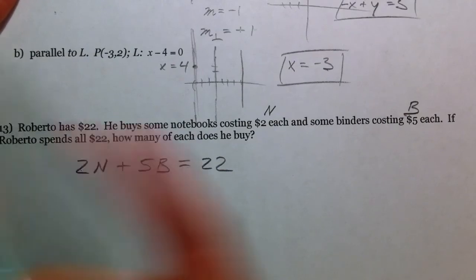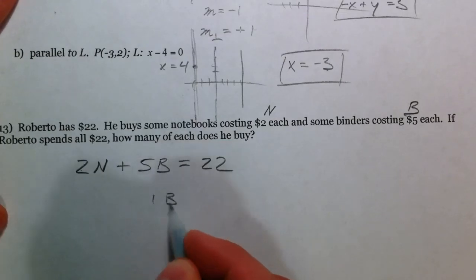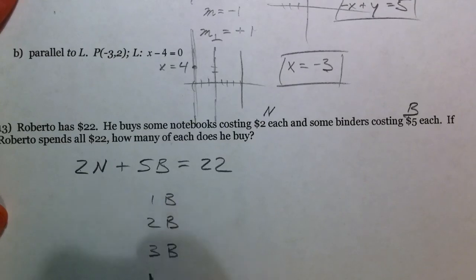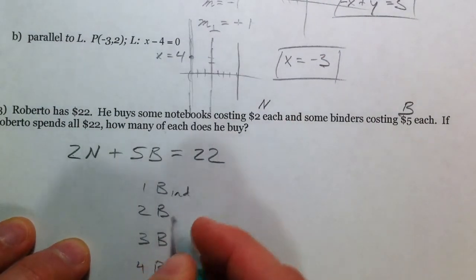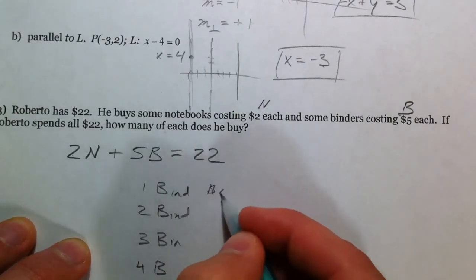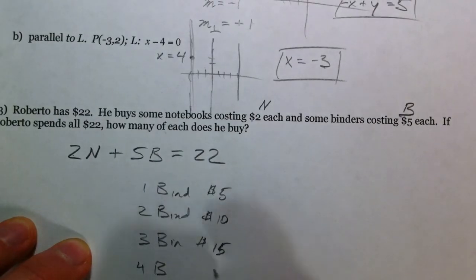If you think that all of these binders are always going to be sets of 5. 1 binder, 2 binders, 3 binders. So that's going to be $5, $10, $15, and $20.